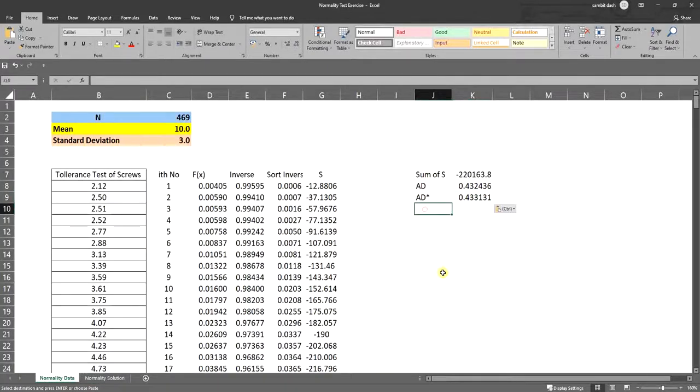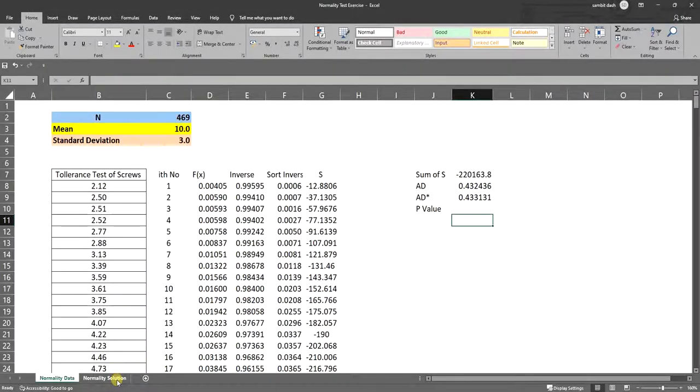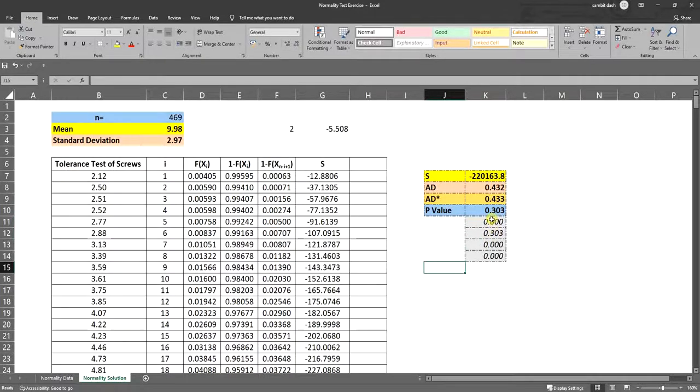Now finally we have to calculate the p value. The p value depends on AD, right? And since it depends on AD, we have different ways of calculating it. For example, if A dash square is between 0.6 and 13, then there is a formula, and then there is another formula if it is between 0.34 and 0.6. Similarly for the others. So for your use, I have all these formulas written here so that you can use this sheet as a template.